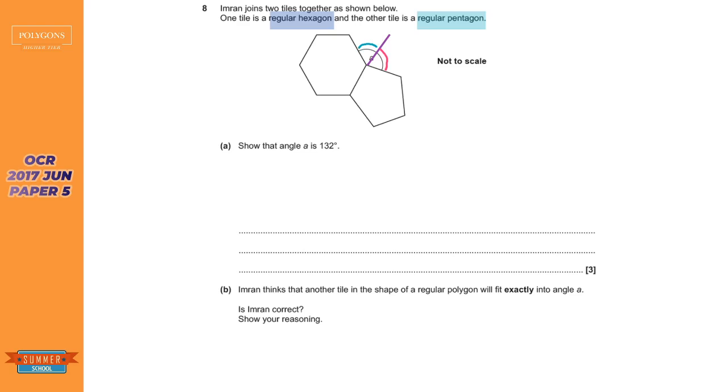So the left hand one is our hexagon, so that's got 6 sides. So to work out the exterior angle for the hexagon, the exterior angle is going to be 360 divided by the number of sides, which is 6. So that's going to be 60.